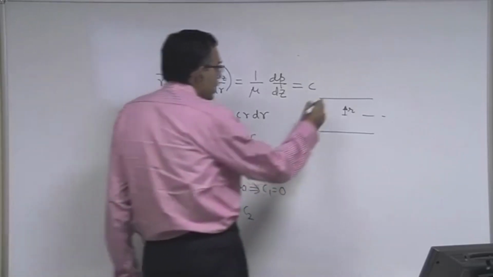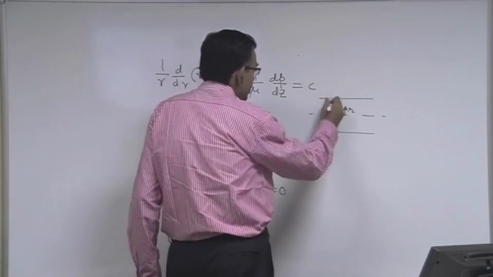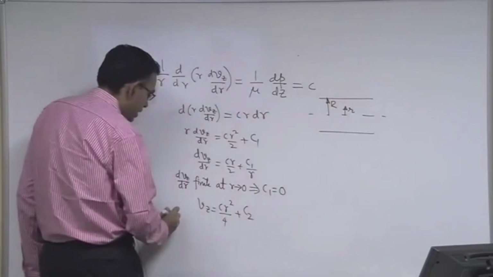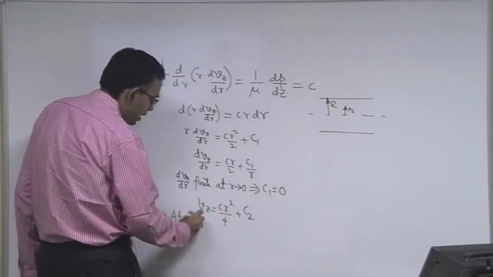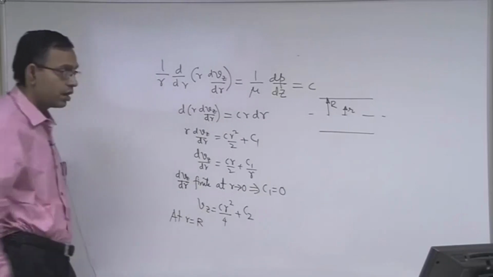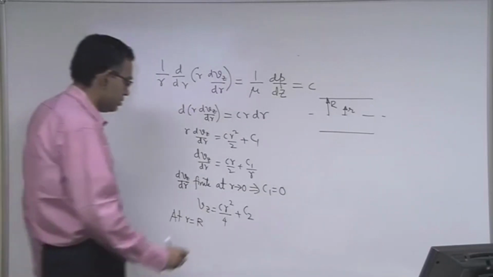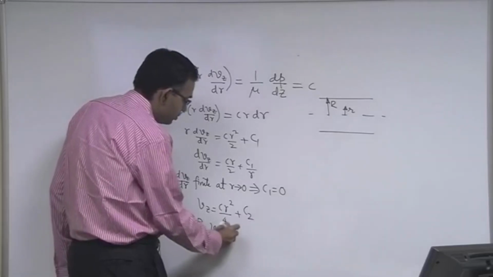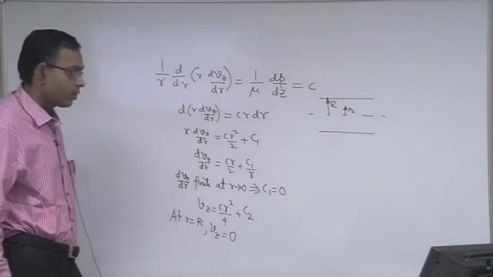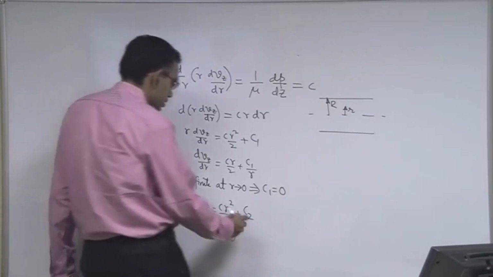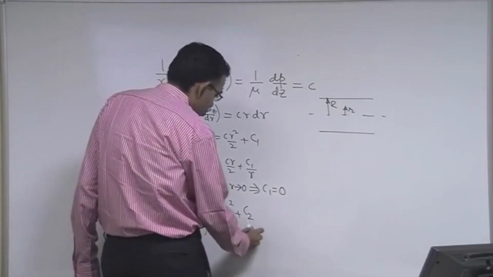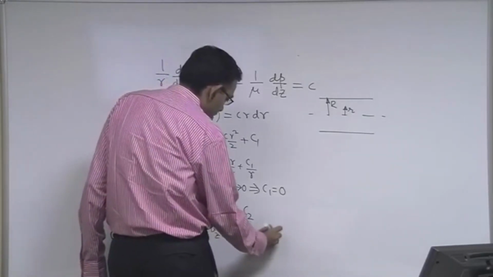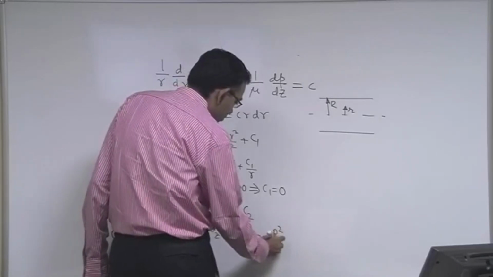So, we will apply the other boundary condition, that at small r equal to capital R, what is Vz? Vz must be equal to 0. So, that means C2 is equal to minus CR²/4.